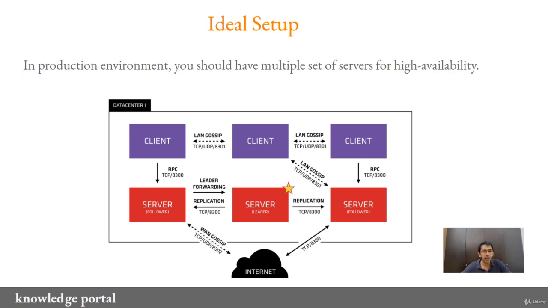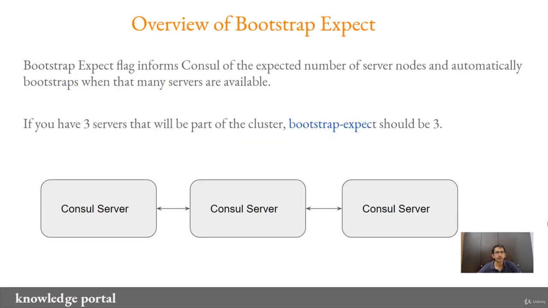So in today's video, our primary focus is to look at how we can set up servers in such a way that they replicate and the leader is chosen automatically, and we'll also look into the high availability part here. One of the important aspects to know in such a configuration is the bootstrap expect flag. The bootstrap expect flag informs Consul of the expected number of server nodes and automatically bootstraps when the servers are available.